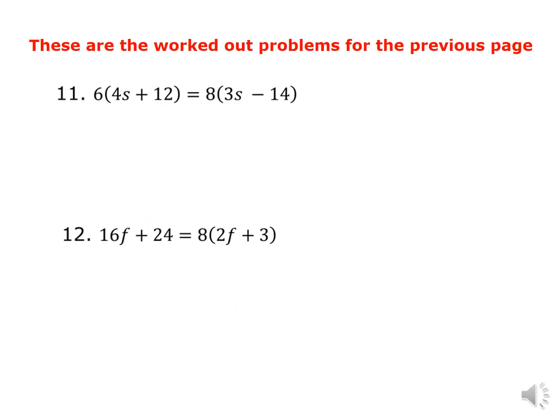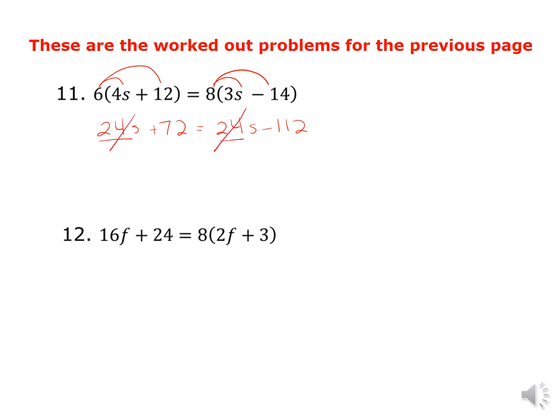Okay, so the first one, 6 times 4s is 24s, 6 times 12 is 72, 8 times 3s is 24s, 8 times negative 14 is negative 112. So again, I have 24s on both sides.